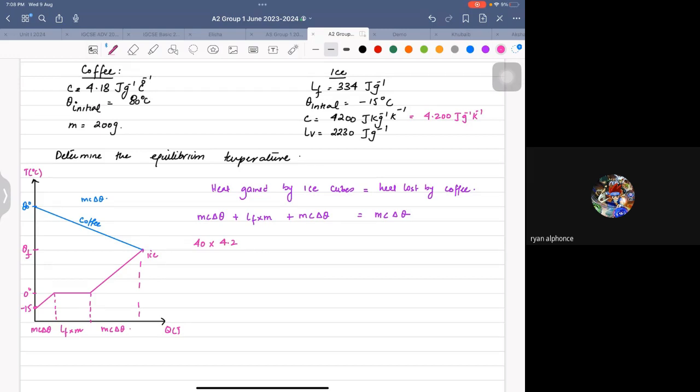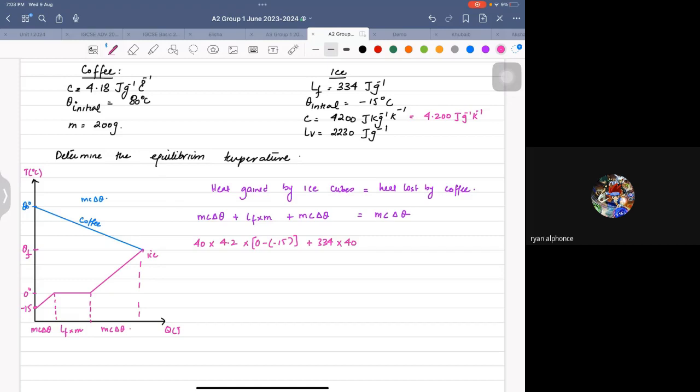Yes. So I'm just writing everything like from 4200 to 4.2. I've just changed this. If you divide by 1000, it will change from kg to gram. And then the change in temperature was 0 minus 15, final minus initial. Okay, plus latent heat of fusion is given, which is 334 times 40.